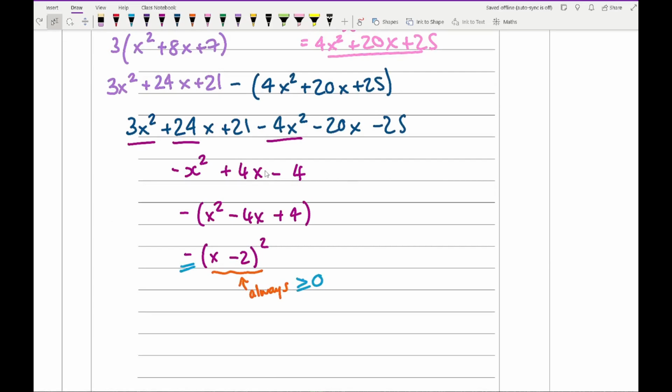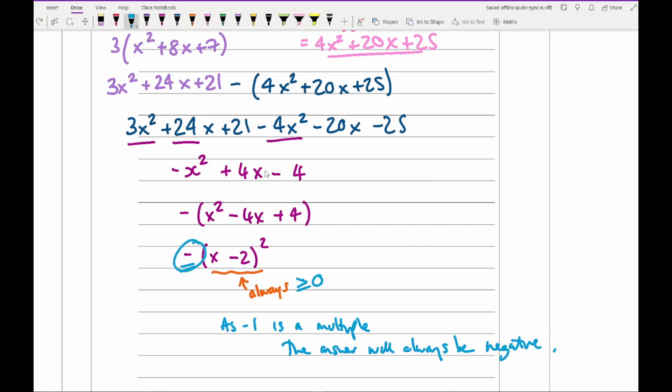So as you can see, we've got a minus. So therefore, as minus 1 is a multiple, the answer will always be negative, because we've got a negative outside, and this bit here is always going to be greater than or equal to 0 for all values of x.